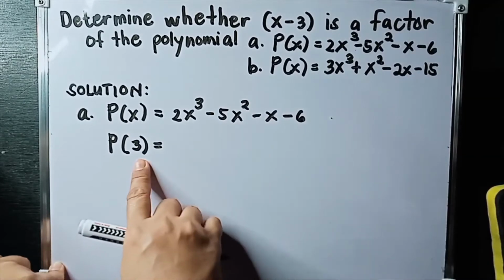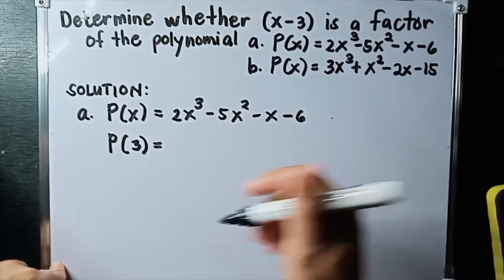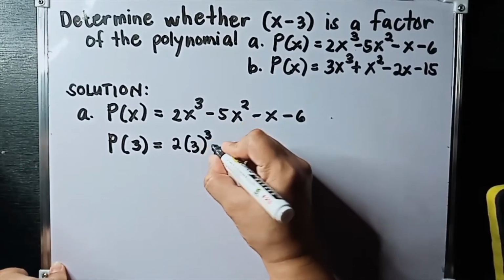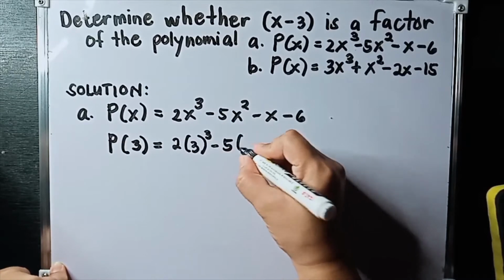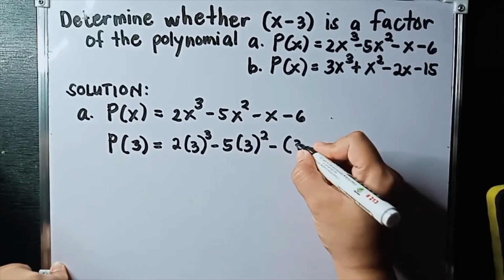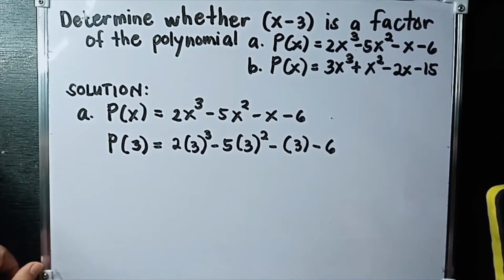And then we will substitute the value of 3 for each x here. So we have 2 times 3 cubed minus 5 times 3 squared minus 3 minus 6.